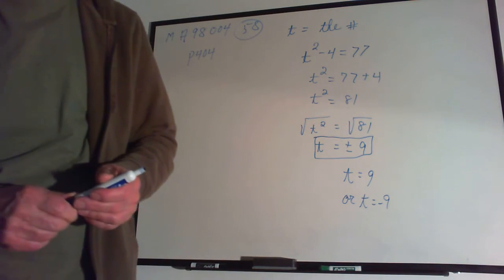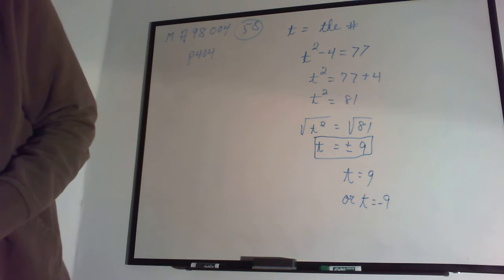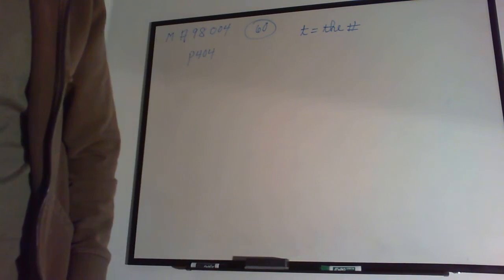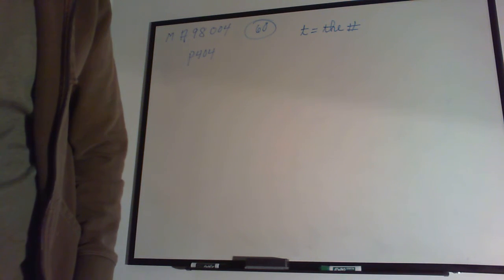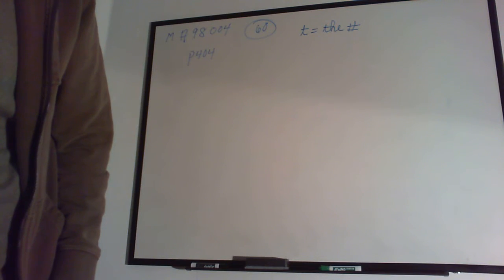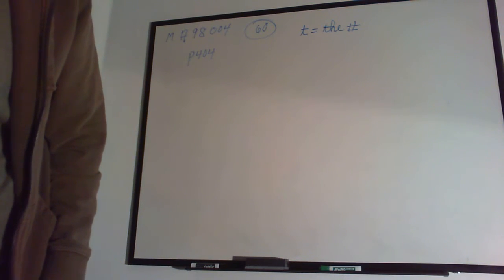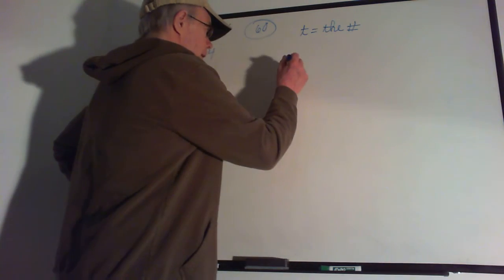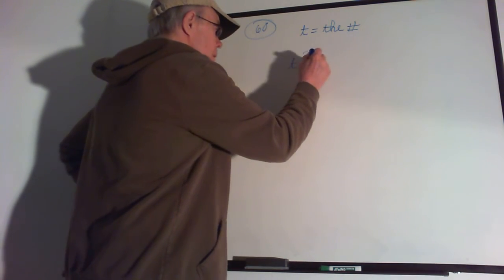Try problem 60. All right, it says the square of a number is equal to 20 more than the number. Find all such numbers. So, square a number plus 20.